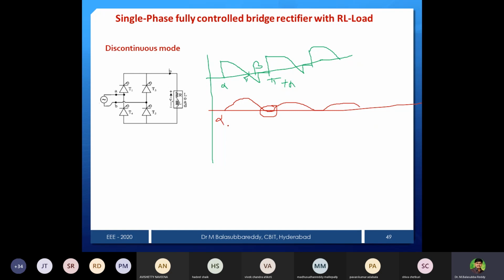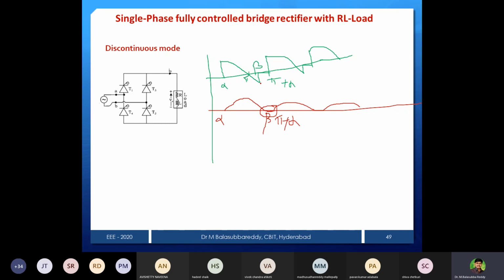We started at alpha, ended at beta, and now from beta to pi plus alpha, no device is going to conduct, because we are giving firing pulses only at alpha, pi plus alpha, 2 pi plus alpha, 3 pi plus alpha, and so on. So when you are not giving any firing pulse at a particular instant, no device will conduct, because at any instant we require firing pulses. So the device T1, T2 is turned off at beta, but T3, T4 will fire only at pi plus alpha.